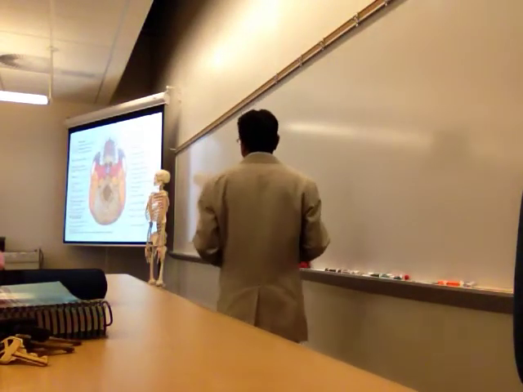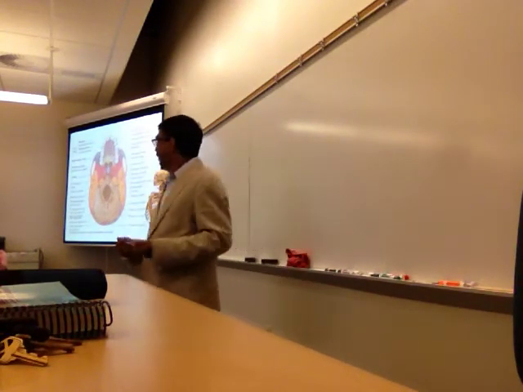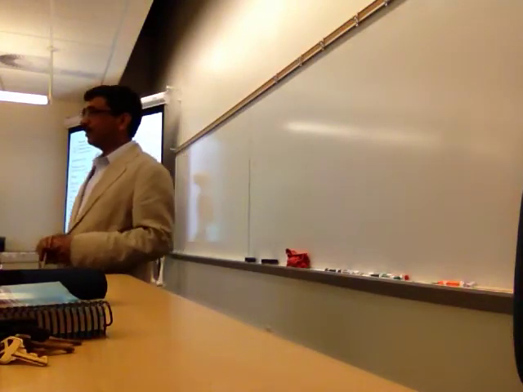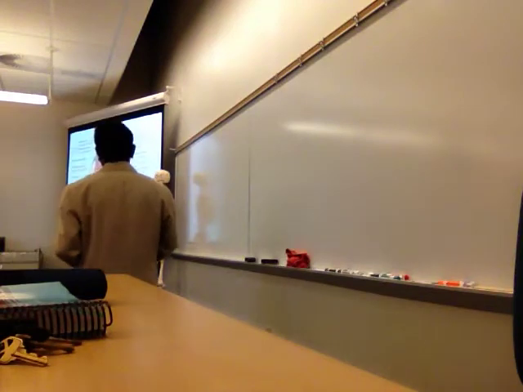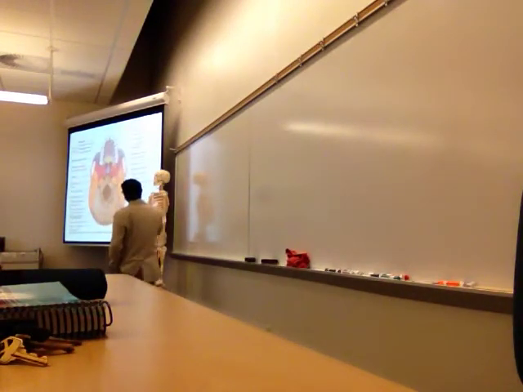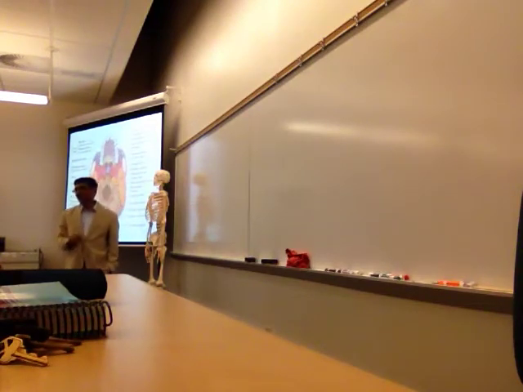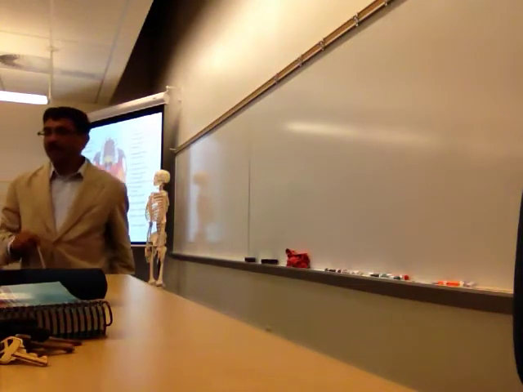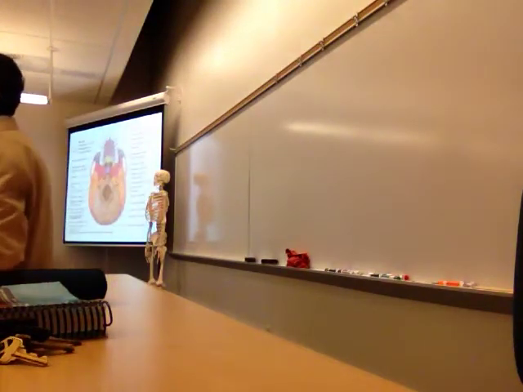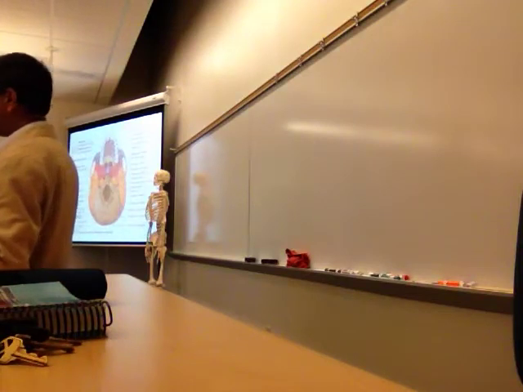If you look at the skull from below, from the bottom, this is the bottom view of the skull. Okay? So here you can see a number of foramen or openings at the bottom of the skull, and those openings are mainly for the nerves and blood vessels.